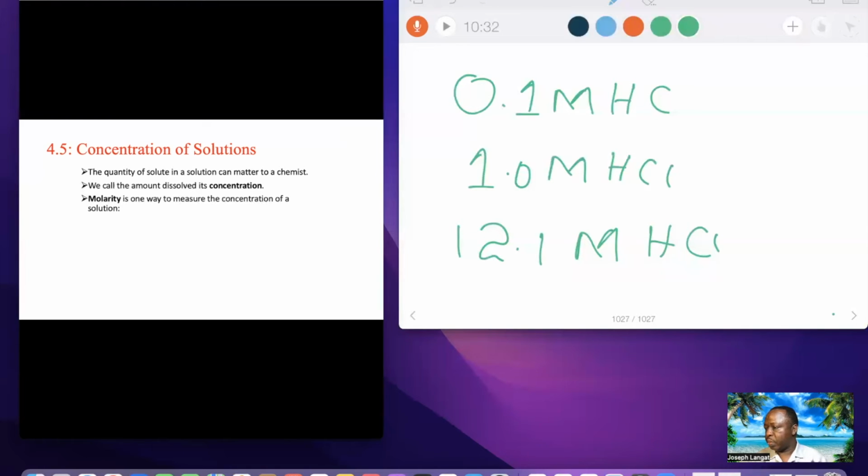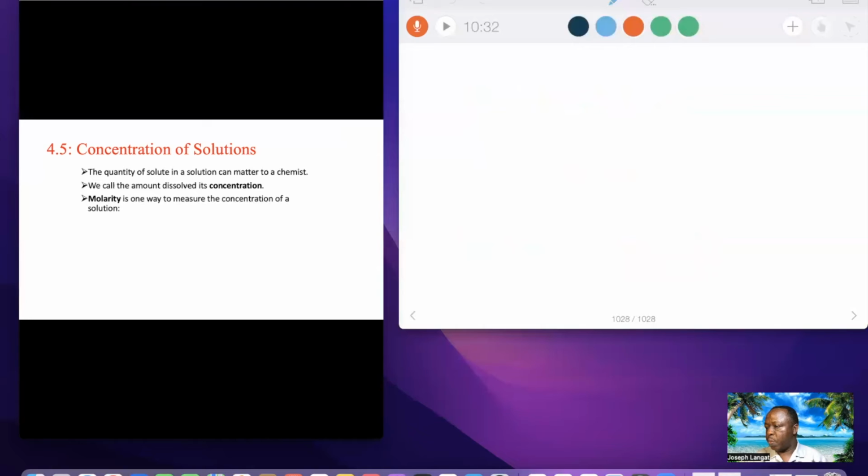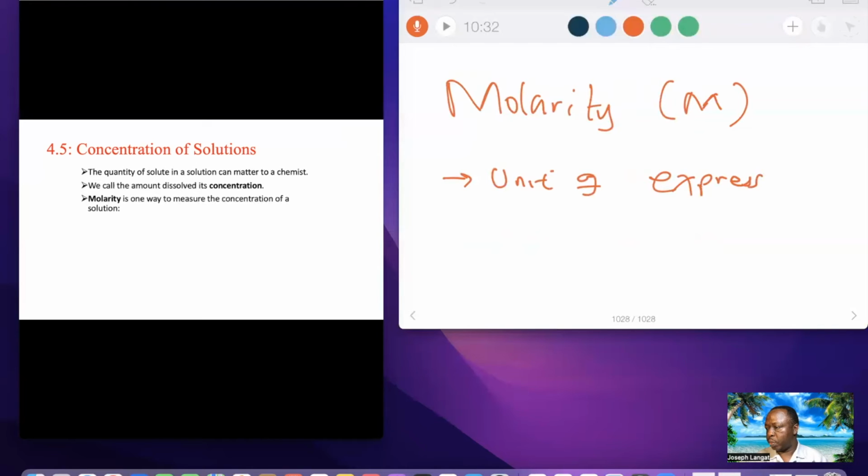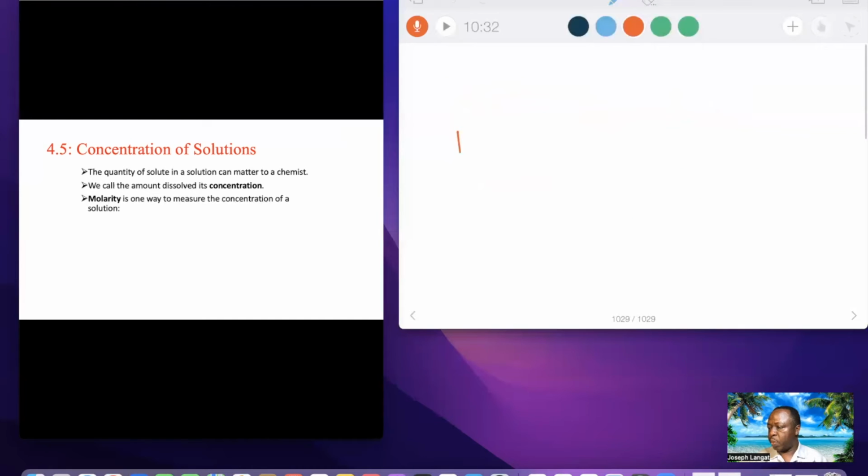If you see molarity, we use uppercase M. It is simply a unit of expressing concentration.